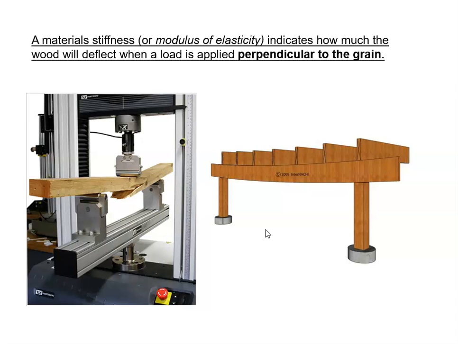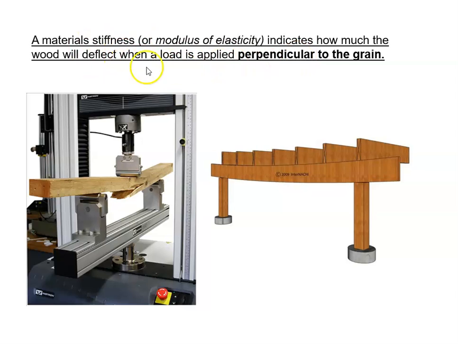And of course, it's in the elastic region, which means it bounces back, and that's what deflection is all about. When we walk across the floor and the wood beams deflect and push down a little bit, has a little bounce in it, that is deflection. And then when we get to the other side of the floor, and the load is off of the beams, it returns back to its previous state. So that is, by definition, the elastic state, and that is what stiffness is a measure of.